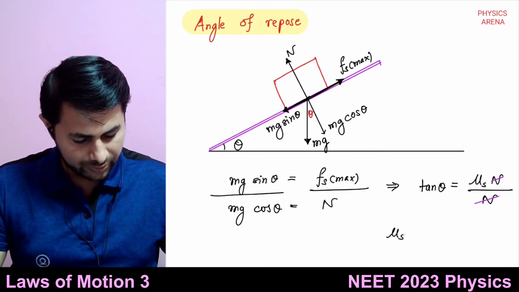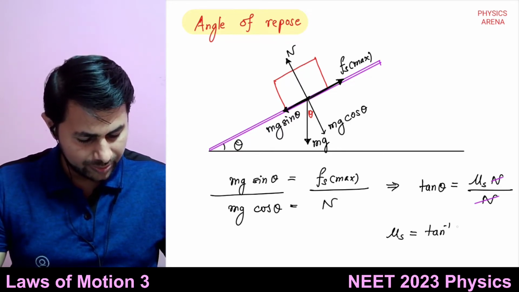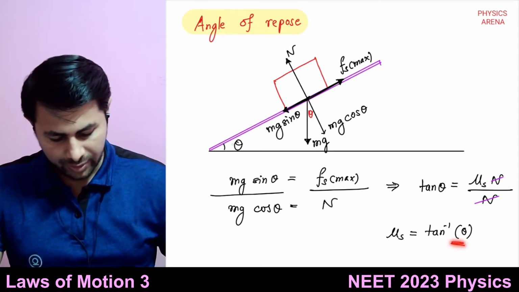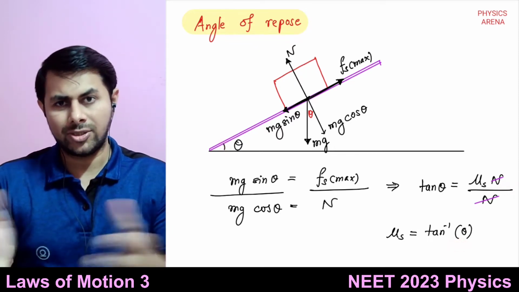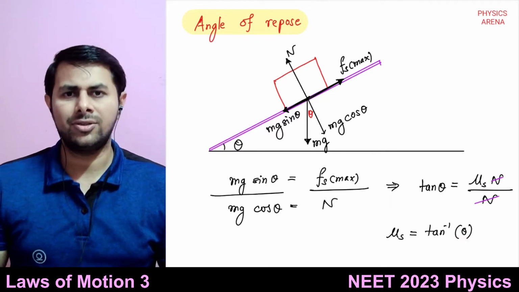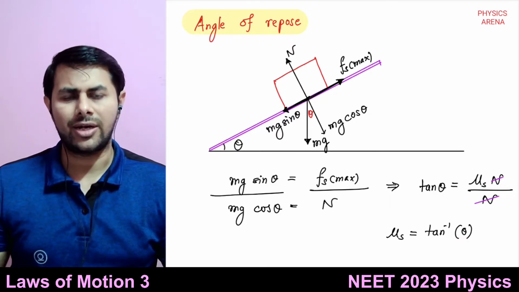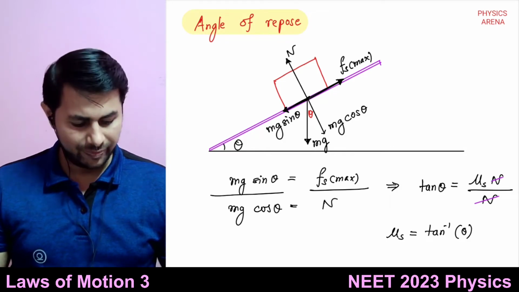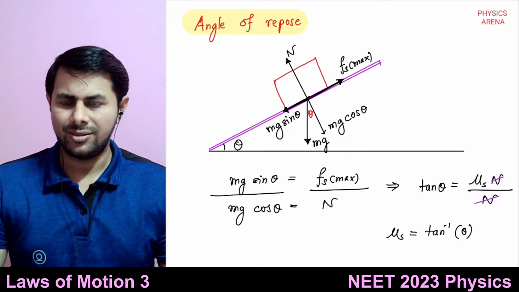So mu s is equal to tan theta. So this angle theta at which the block begins to slide is known as angle of repose or angle of sliding. Okay. So this is clear.